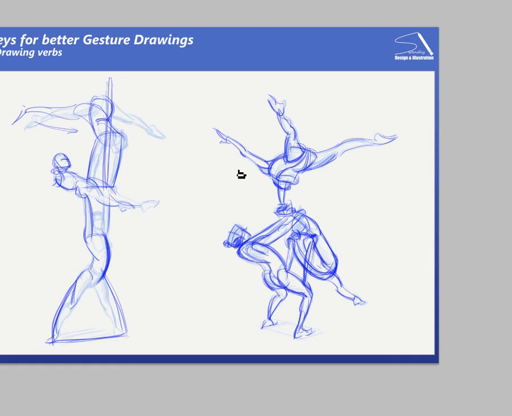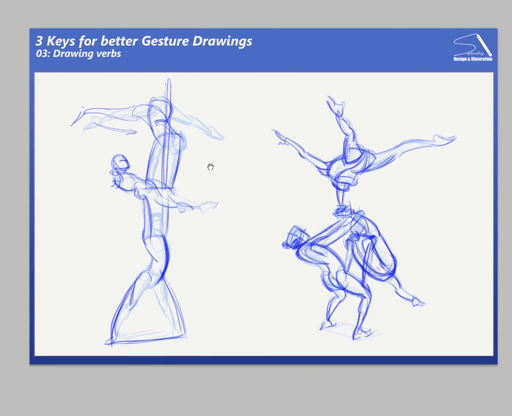But really the point I wanted to bring across is to think in terms of verbs. For example, I have a very simple curve here at the front of the torso. Now I could come back and say, okay, let me start defining the rib cage on top. So this goes over, goes around like this.